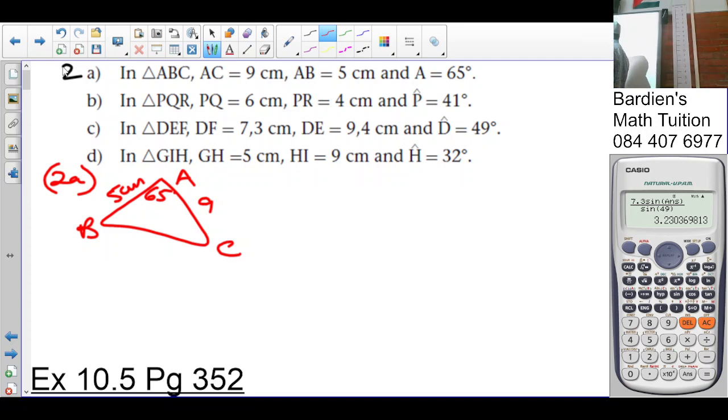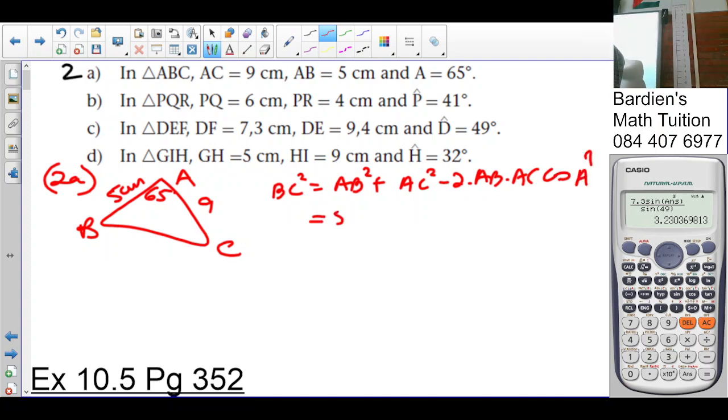Which rule? Sin rule or cos rule? Cos rule. Why? Because we have two lengths and an included angle. So BC squared is equal to AB squared plus AC squared minus 2 times AB times AC cos of the angle.